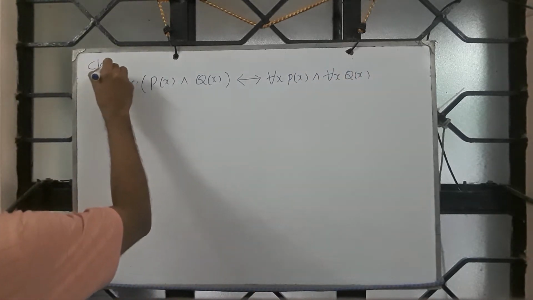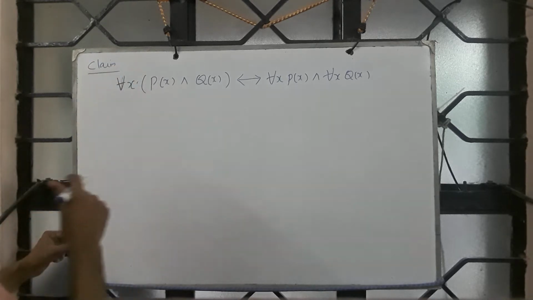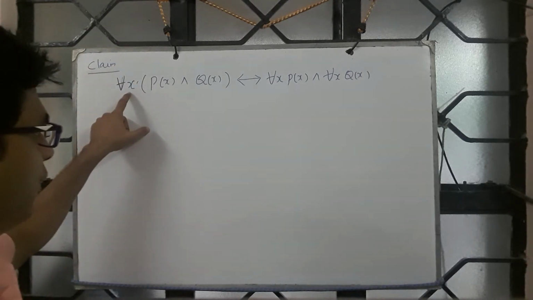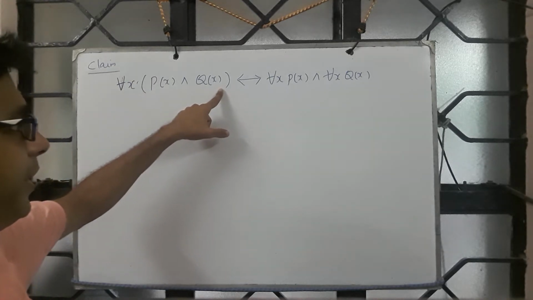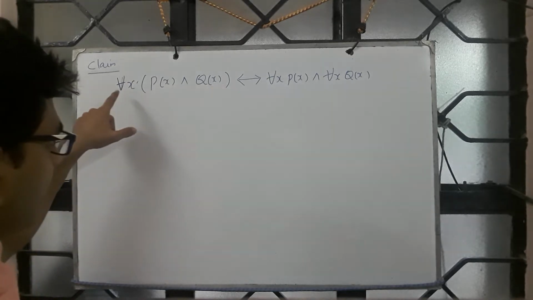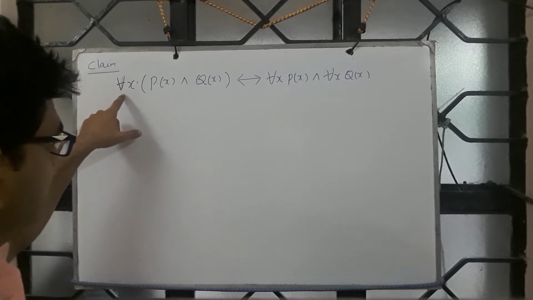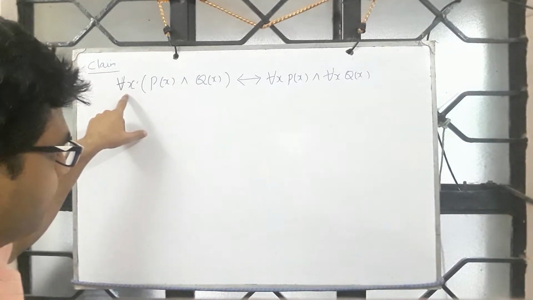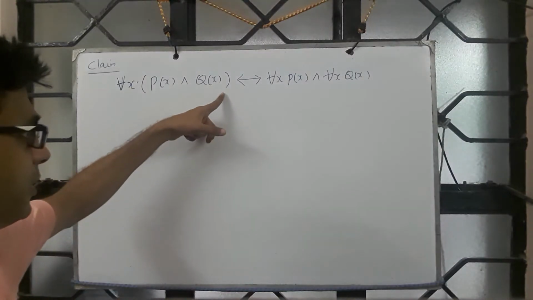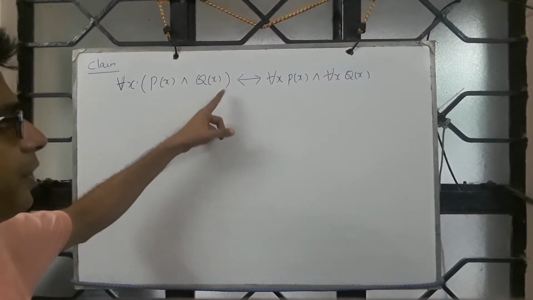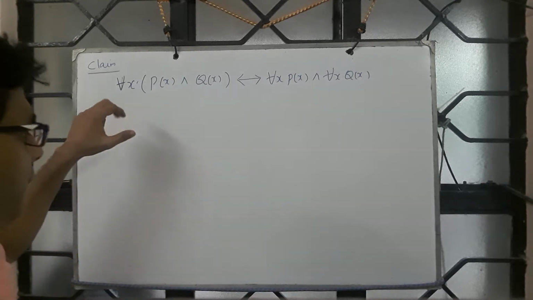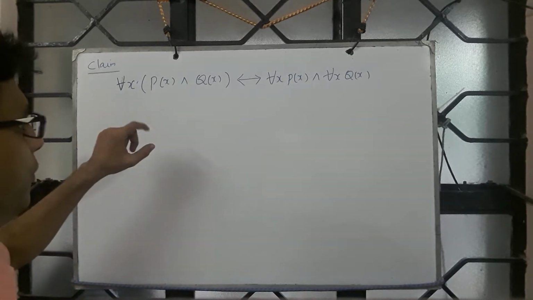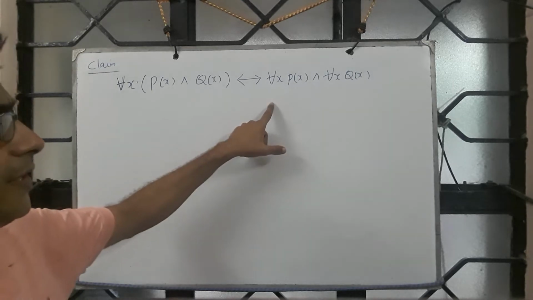So here is my claim. You have a quantifier for all which applies to both p and q. We want to know whether this quantifier can be distributed to p and q individually, and we will establish a formal proof to show that this claim is indeed true.